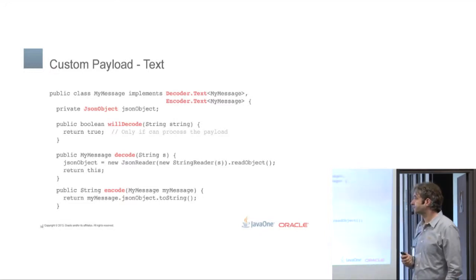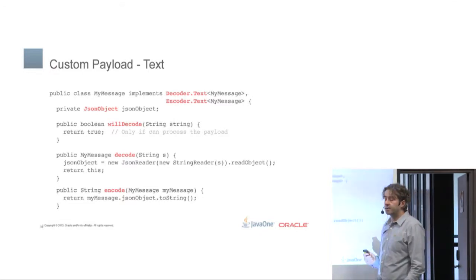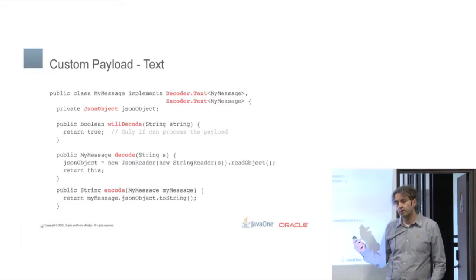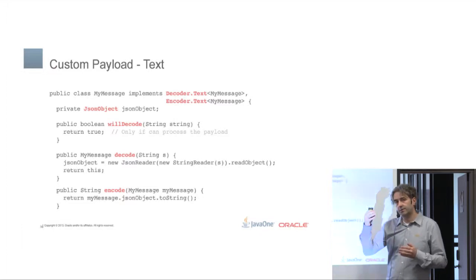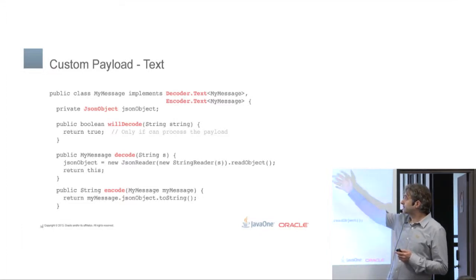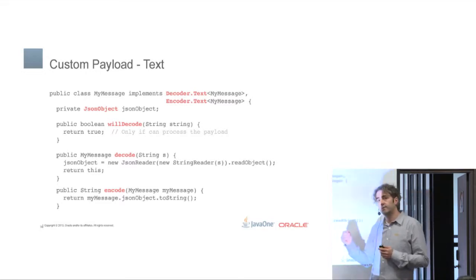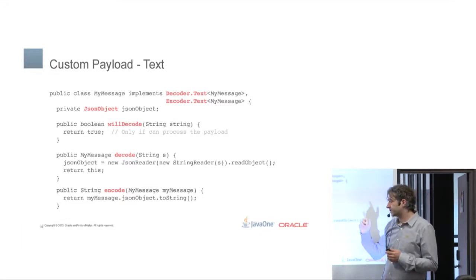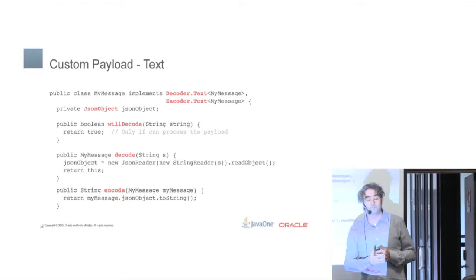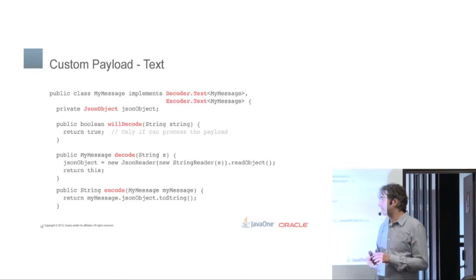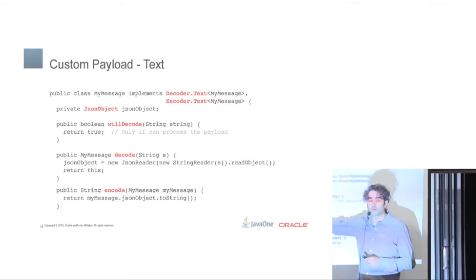Why is this useful? Well, you can attach different decoders to an endpoint. The WebSocket implementation, whenever it gets a text payload, will invoke the willDecode method of the first decoder. The first decoder will check, okay, I'm not able to decode that, I have no idea what it is, so it will return a false.